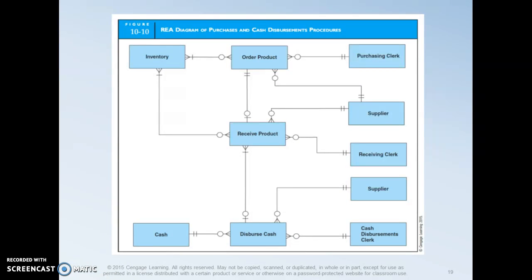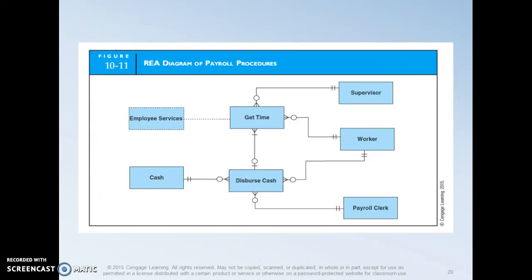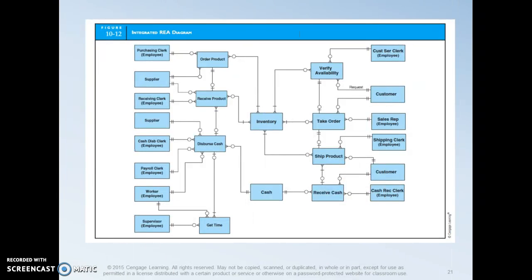So this is an REA diagram of a purchases and cash disbursements procedure. Just look at it, go through it, hit pause. And this is an REA diagram of payroll procedures. This is an integrated REA.